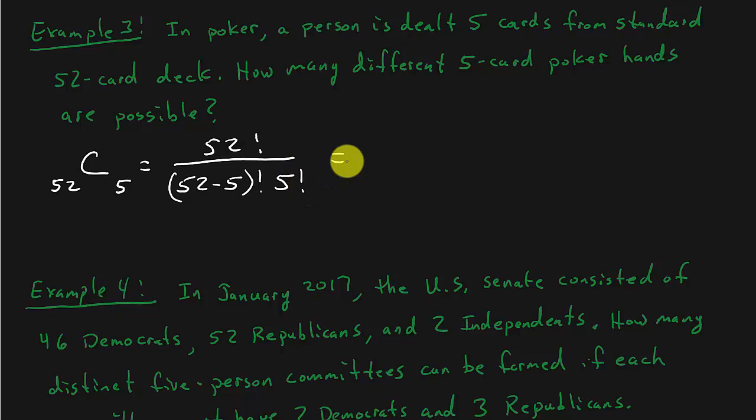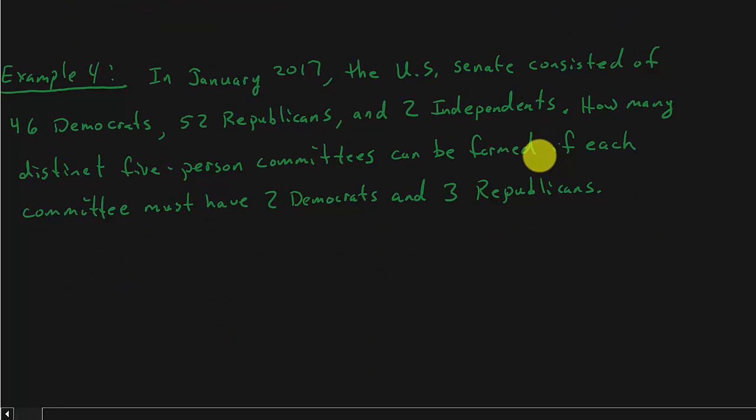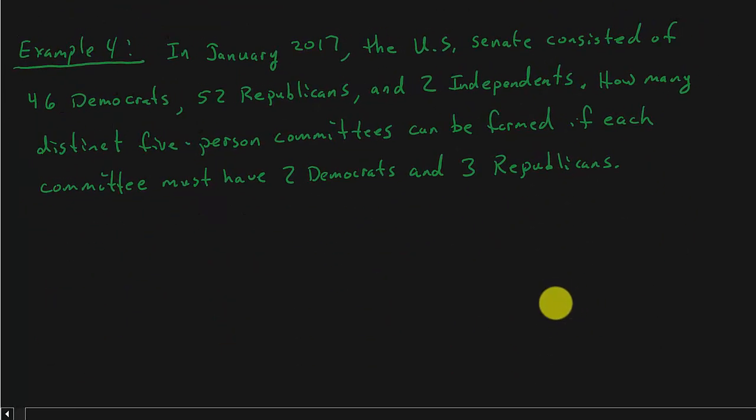And what does that equal? Well, punch that into your calculator, and that's going to be 2,598,960. And that's the number of different poker hands possible. Okay? All right, let's look at this example 4 here.